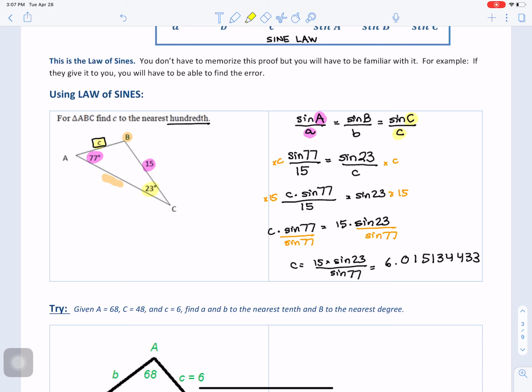We want to round our answer to the nearest hundredth. So that 5 next to the 1 will round that number up. So this will round to 6.02 centimeters, or whatever units there are. I'm just going to write units because they didn't provide us the units in the question. We can just assume they're centimeters or something like that.